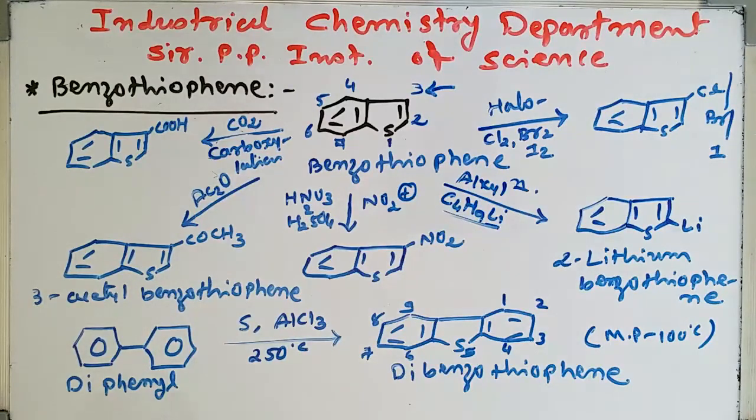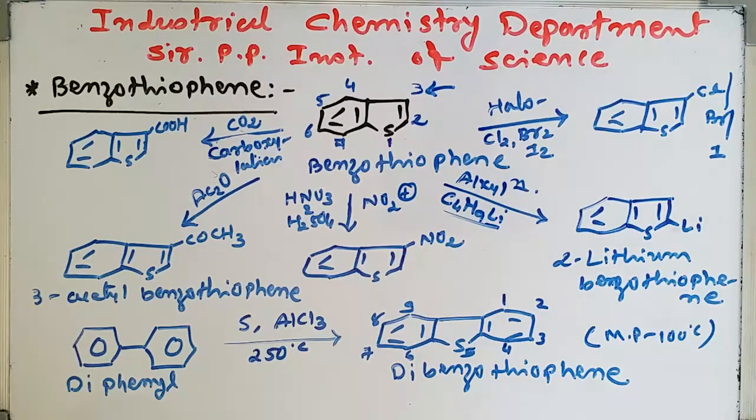So with the help of sulfur and aluminium trichloride at 250 degrees Celsius, diphenyl is converted into dibenzothiophenone. So these are very important chemical properties of benzothiophenone.